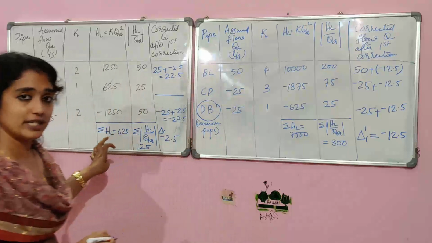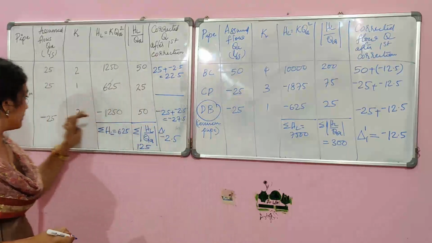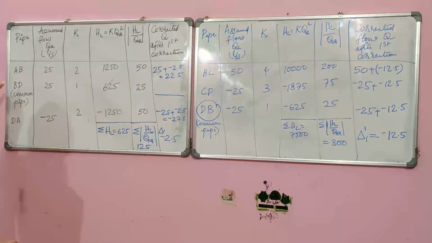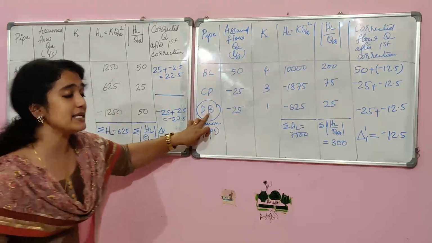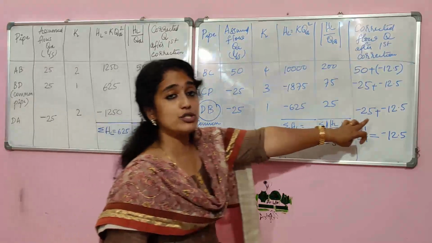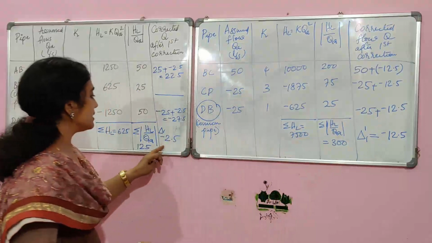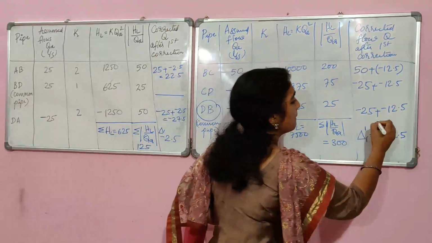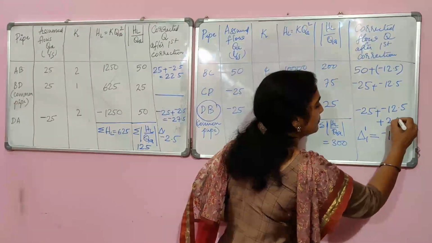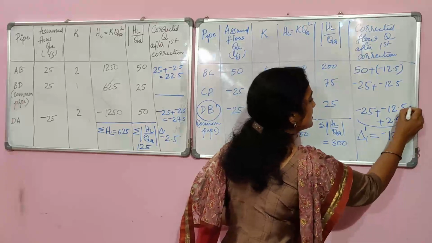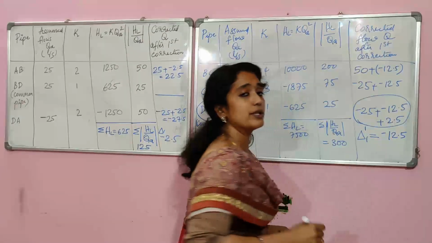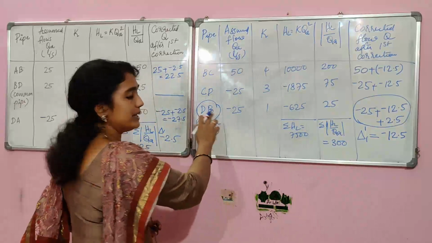Here the correction calculated was for the pipe BD, but here the pipe is DB, so you have to change the sign for this correction, that is plus 2.5. This is the corrected flow for the common pipe DB.